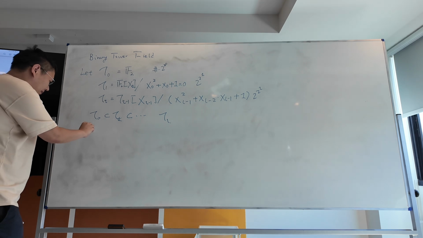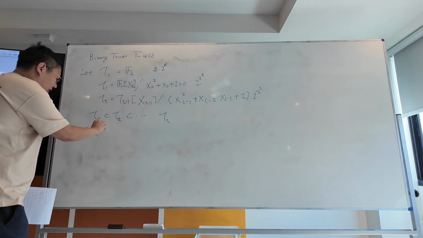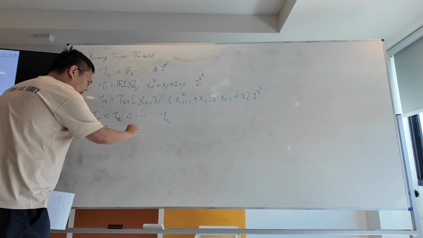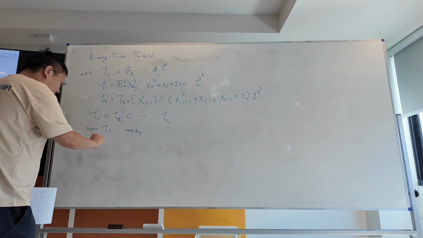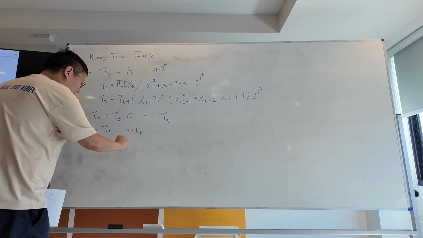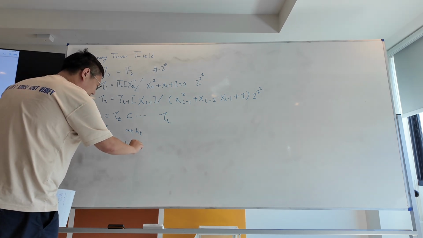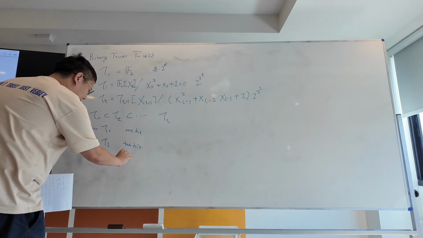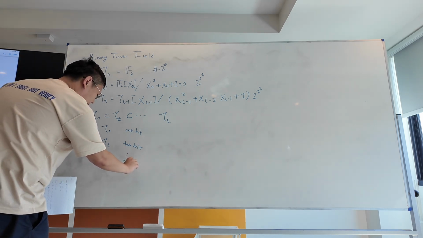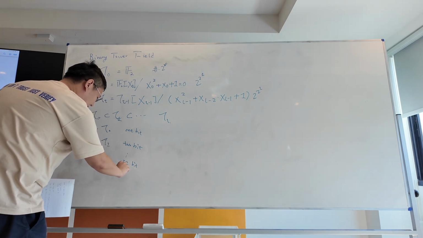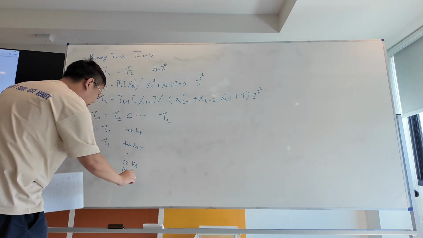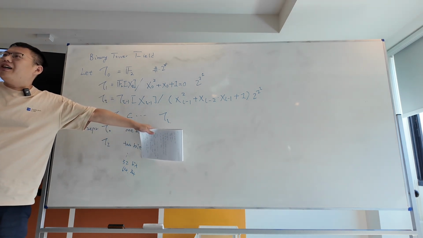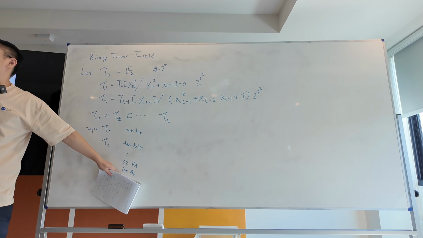To represent tau 0, you need 1 bit. For tau 1, you need 2 bits. And it goes on like this, 32, 64 bits. So every time we go up one level, we need to double the bits.